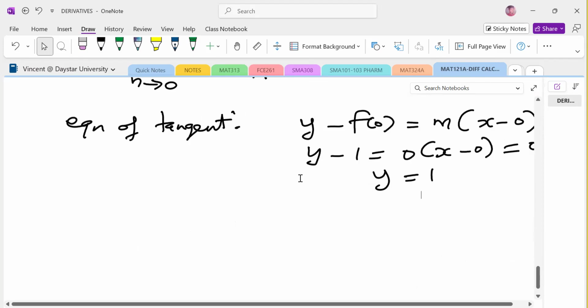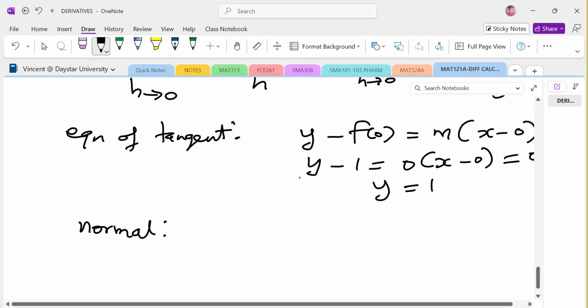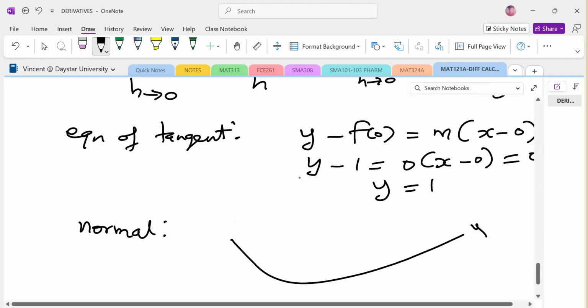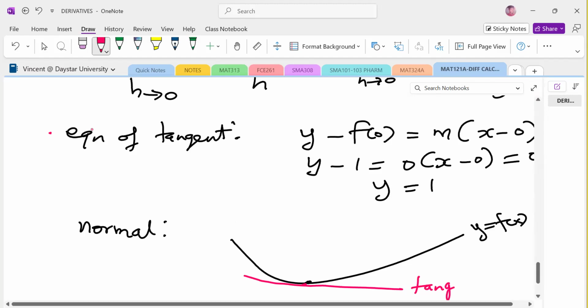Then for the normal, at the same point, we know that a normal and tangent, if you have this as our curve, our arbitrary graph y equals f of x, this line is what we call the tangent with respect to this curve at this point.